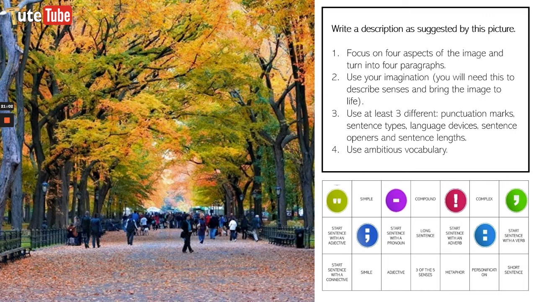It might want you to use your imagination. So 4 tips for writing a description. Number 1, focus on 4 aspects of the image and turn into 4 paragraphs. Number 2, use your imagination. You will need this to describe senses and bring the image to life. Number 3, use at least 3 different punctuation marks, sentence types, language devices, sentence openers, and sentence lengths. And number 4, use ambitious vocabulary.